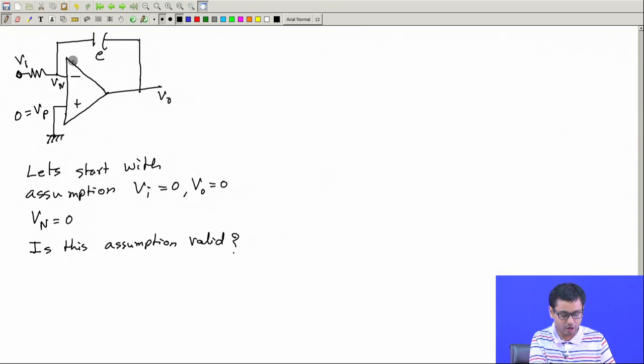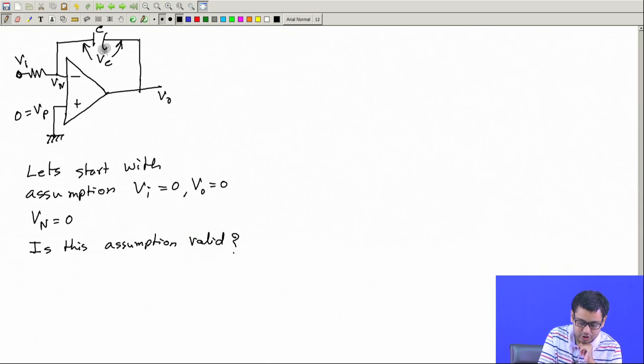If you are starting from 0 voltage, Vc, this voltage you can call Vc, and this is also remaining 0, so we will remain at this configuration forever, absolutely no problem.